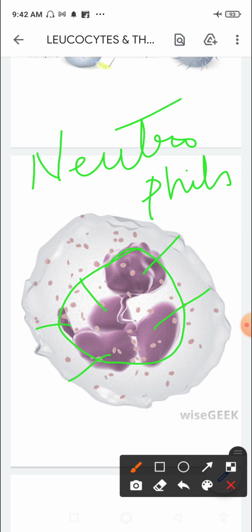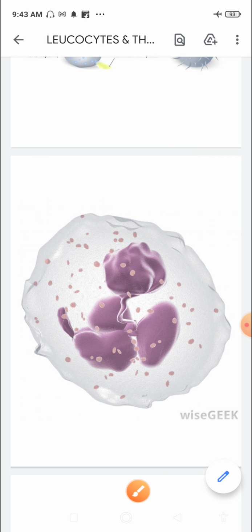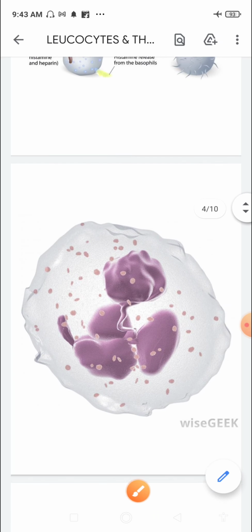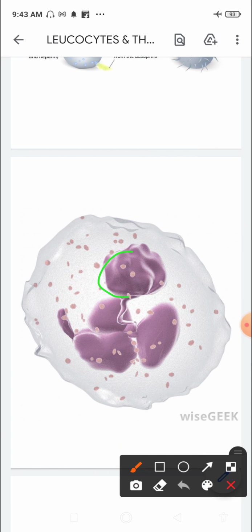They are of course the most common and active type of leukocyte, right? The most prominent feature of the neutrophil is that its nucleus is highly lobulated. You can see these lobules that are present. This is a single nucleus, and the most highly lobulated nucleus is present in neutrophils.